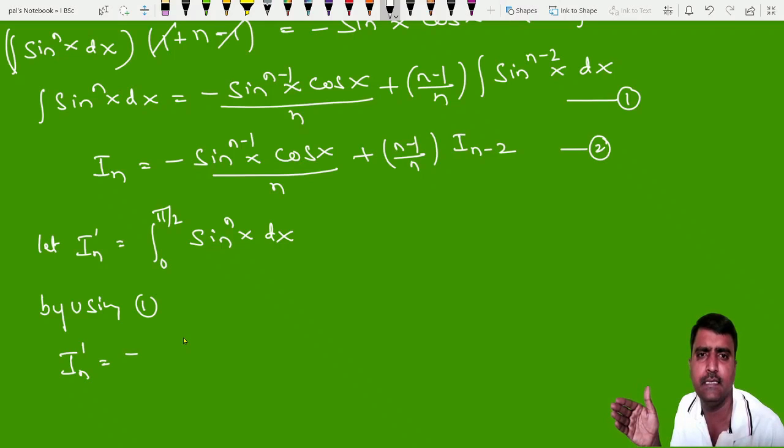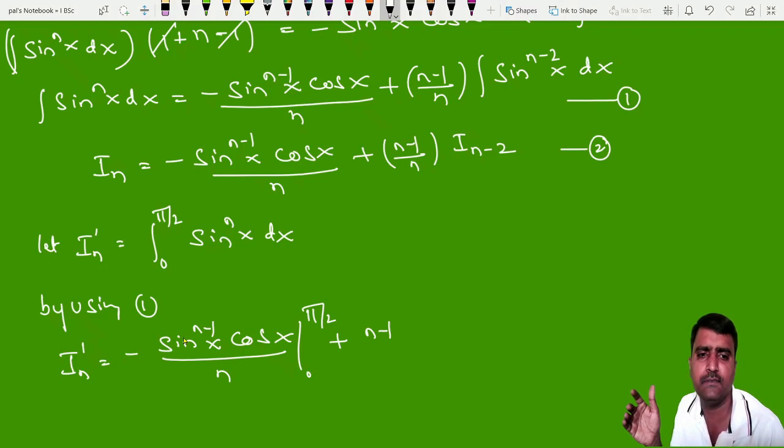So In dash is equal to minus sine to the power n minus 1x into cos x, divided by n, with the limit 0 to pi by 2, plus n minus 1 by n into the integration from 0 to pi by 2 of sine to the power n minus 2x dx.